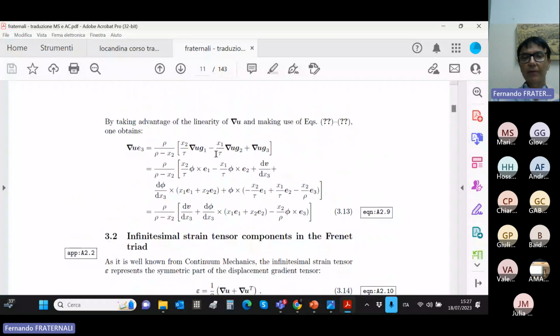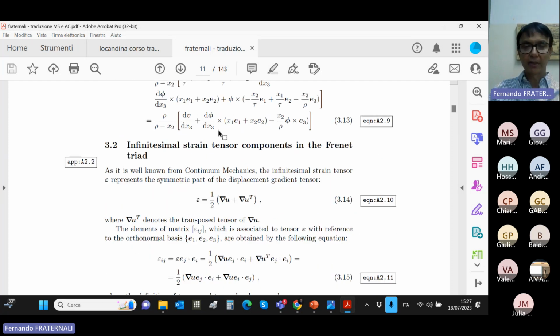Now, if we have the definition of the gradient of u, we know that the strain tensor of the beam, if we regard the beam as a three-dimensional body, the infinitesimal strain tensor, is given by the summation of gradient u and the transpose of gradient u.